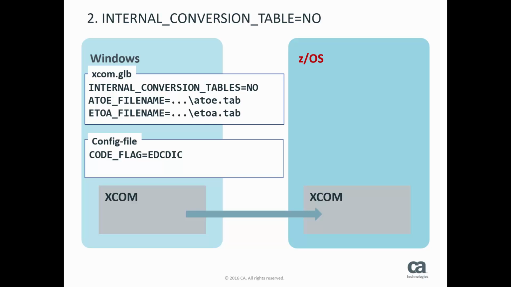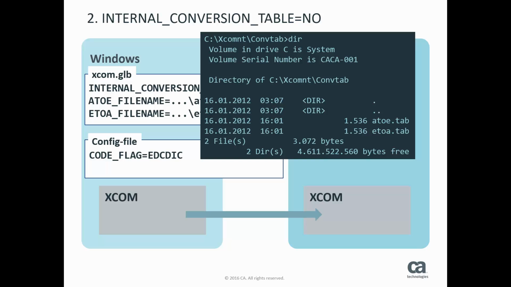Both are specified in the XCOM global file too. Remember that any change in the XCOM global file requires a stop and restart of the XCOM server to take effect. These two tables are provided by XCOM in the subfolder conf/tab.